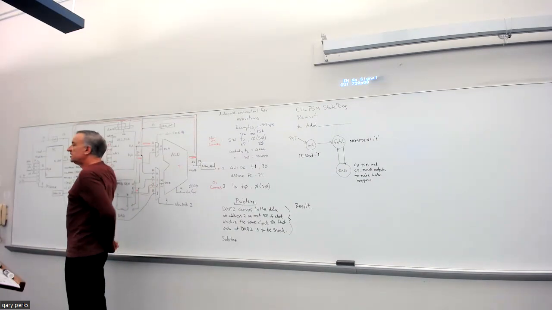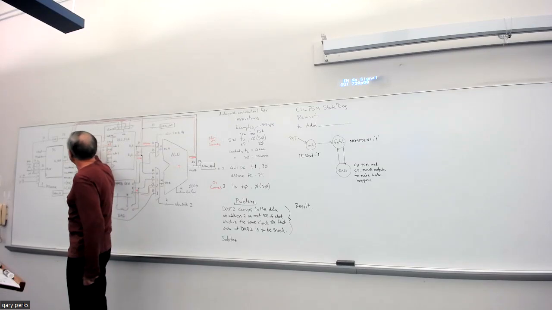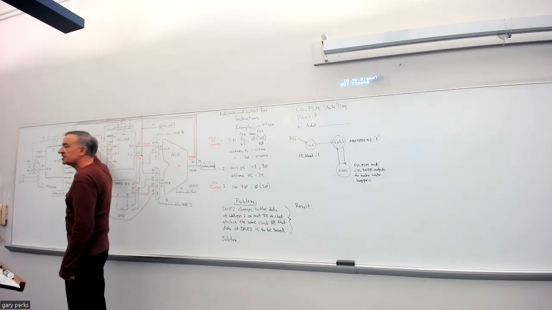So when you're storing data, whether it's to the data segment or to an output device, it's these 2 inputs of the memory module that matter. They determine the address of where this data is going to get stored.